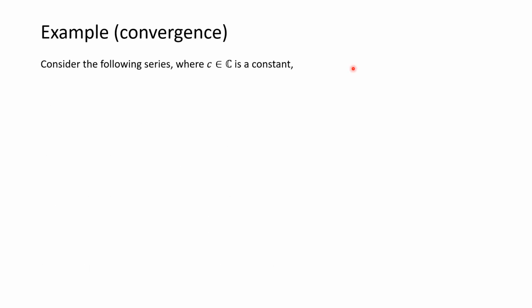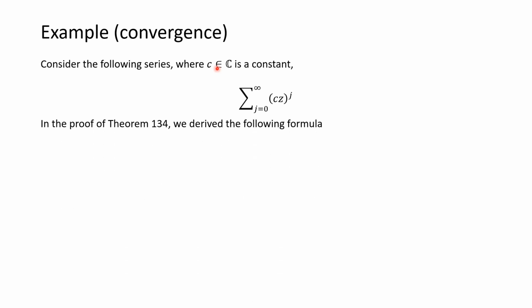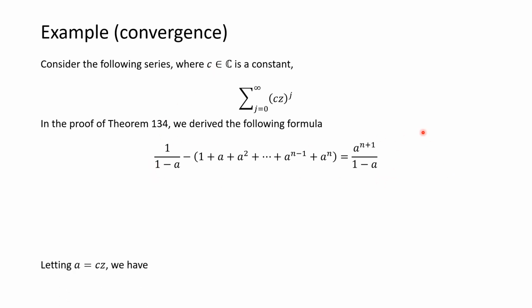So let's do an example of a series. We'll have the sum from j equals 0 to infinity of c times z to the j power, where c is some constant, a complex number. In the proof from theorem 134, we had this formula, which I want to reuse here. We'll let a equal cz in this formula.